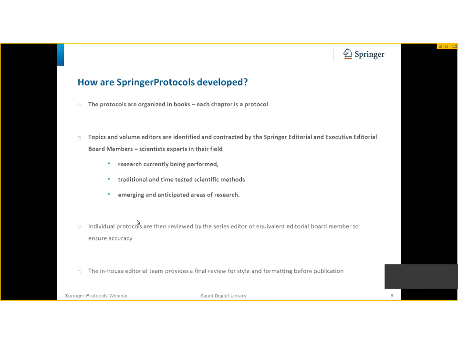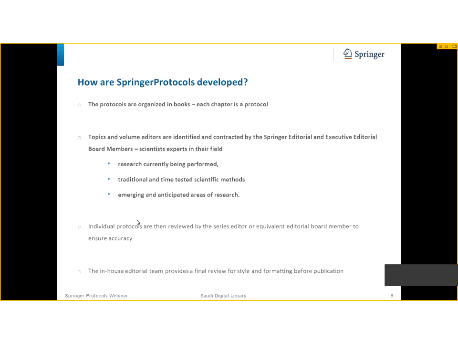They choose the topics based on the research that is currently being performed, traditional and time-tested scientific methods, but also emerging and anticipated areas of research. There is obviously a lag, so every time a new protocol is published, it will take a couple of years for it to be introduced into the collection of Springer Protocols, because the editors always need to be sure that the protocols are actually reliable.